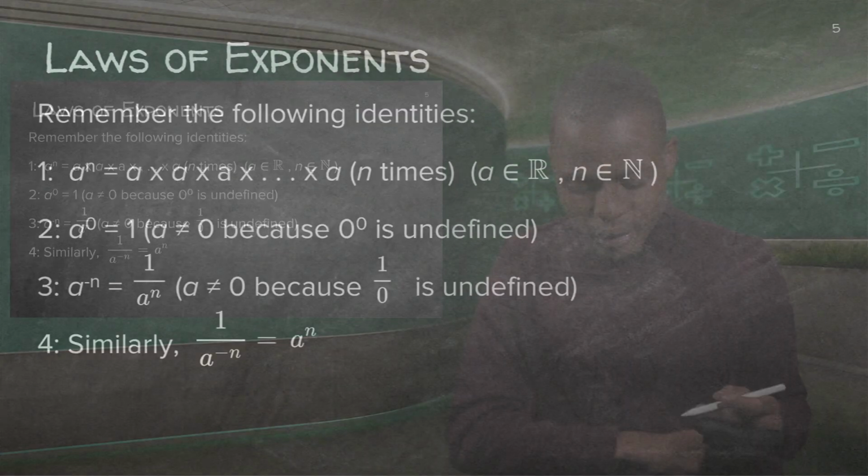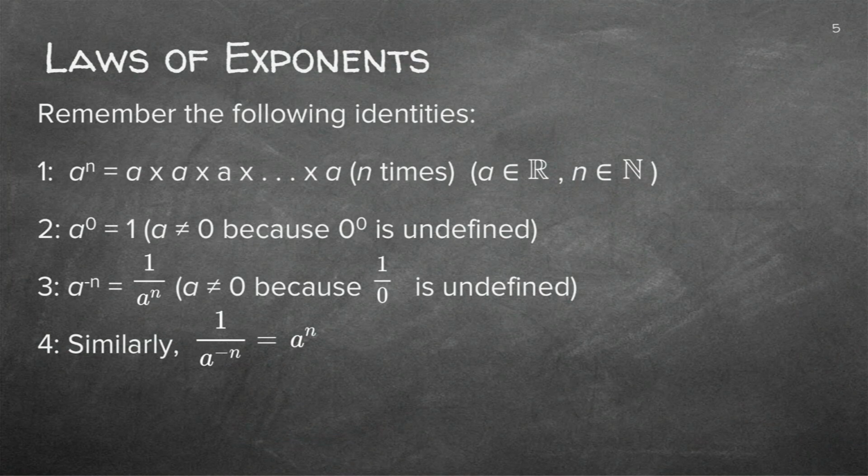Okay, so the first part is, if you have a to the power of n, it means you have a times a times a, n times. So if I have 2 to the power of 3, I simply have 2 times 2 times 2. So I repeat the base the number of times that is written on my exponent or on the power.